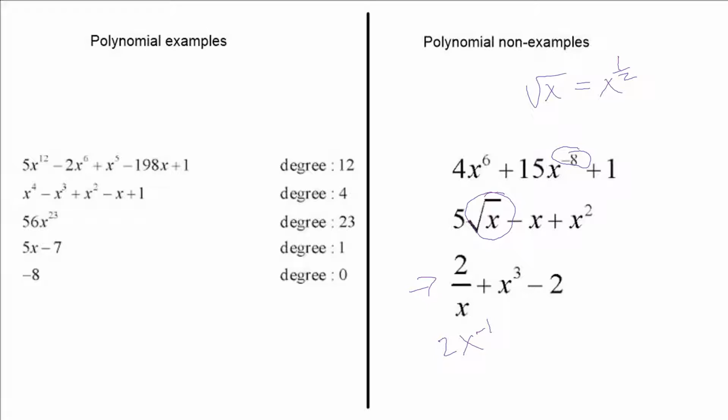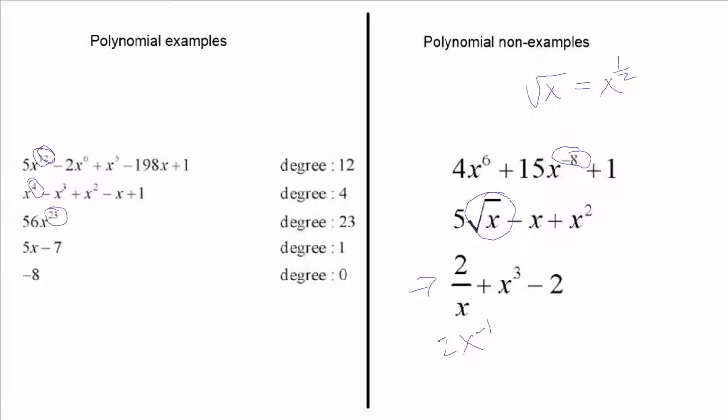What we also want to notice is that on the left-hand side, none of them have negative or fractional powers, but we can also determine something called the degree. The degree of a polynomial is the largest power of the terms. So here, the largest power is 12. The largest power here is 4, so that's its degree.